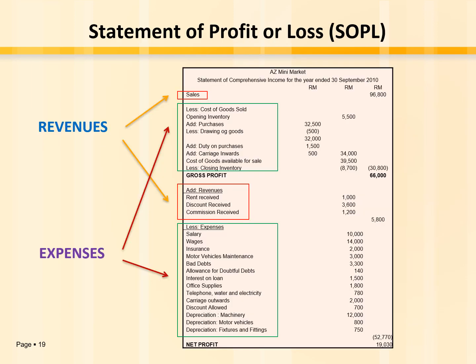Right, let's move on to the statement of profit or loss. Okay, so dalam statement of profit or loss ni, dia akan tunjukkan revenue dan juga expenses. Okay, so revenue adalah ni, sales ni, dan juga other revenue lain-lain.